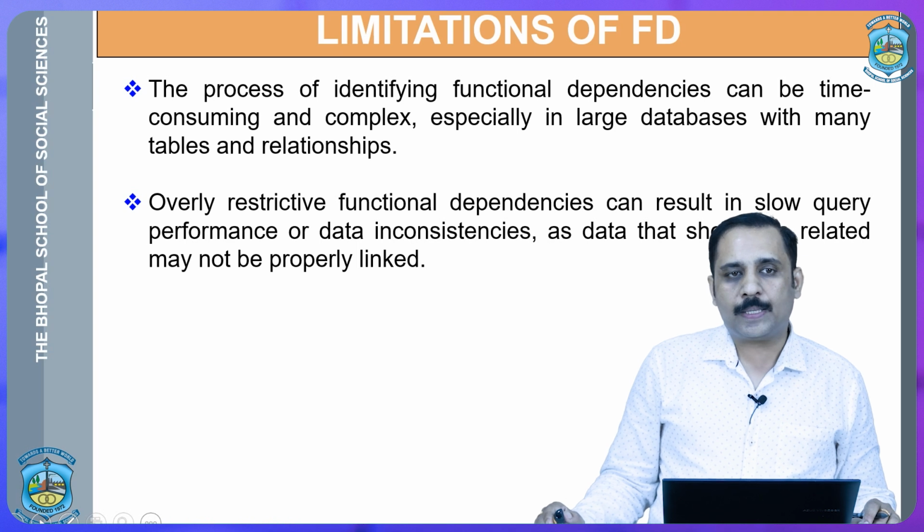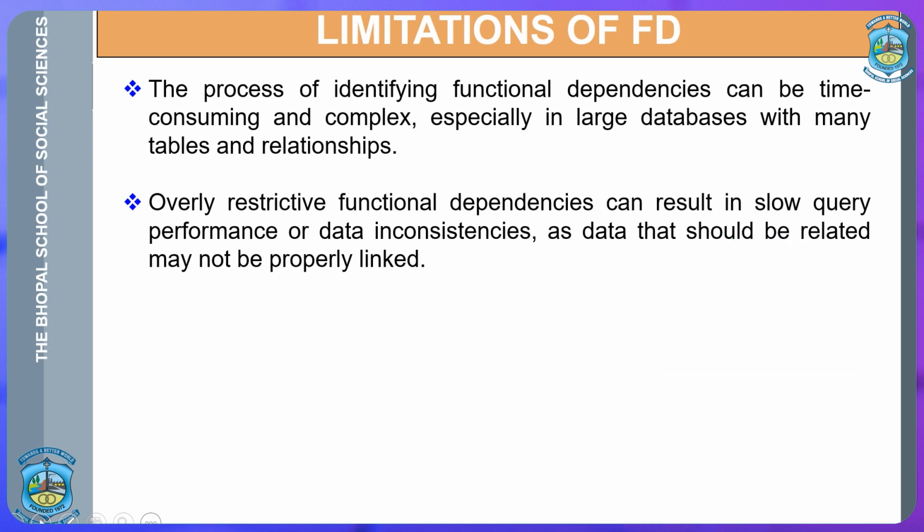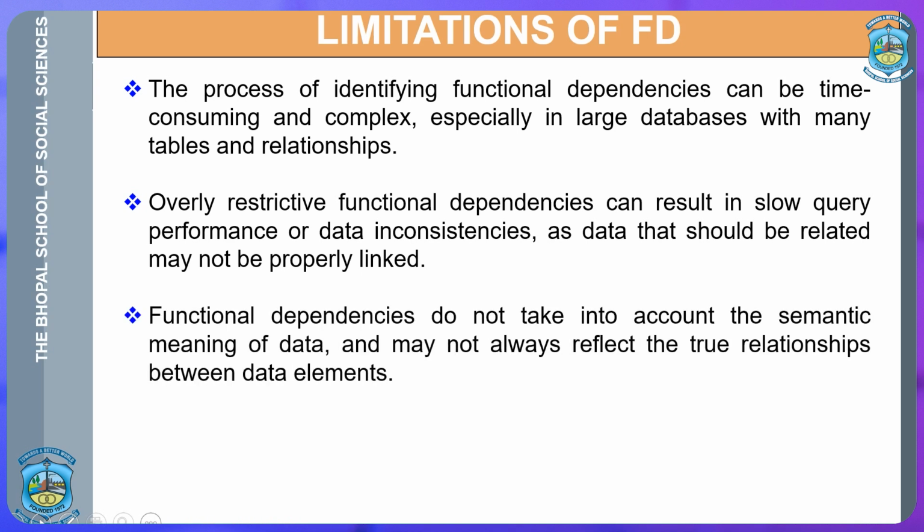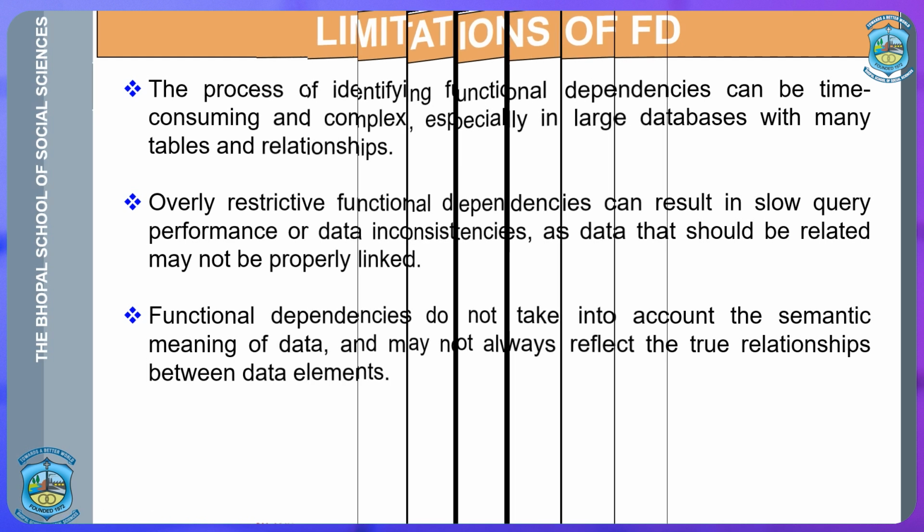If you use complex functional dependencies, there may be situations wherein data retrieval becomes slow, and it also deteriorates the functioning, and may lead to data inconsistencies, etc. Next, functional dependencies do not take into account the semantic meaning of data and may not always reflect the true relationship between various data elements.